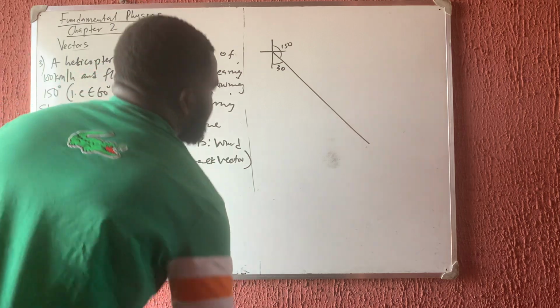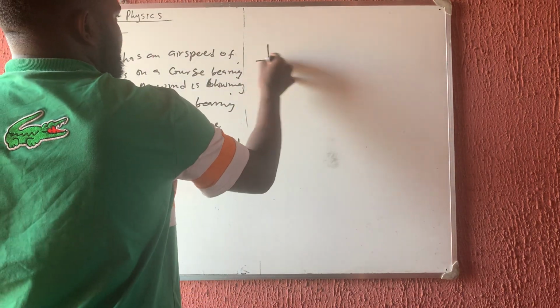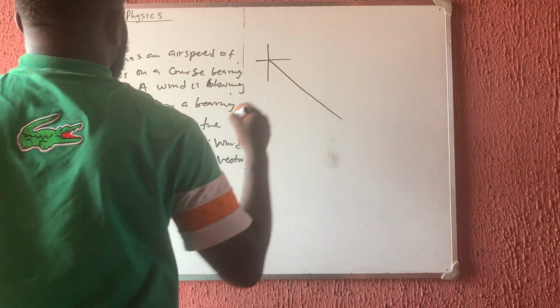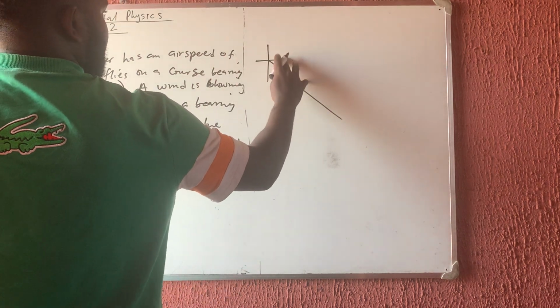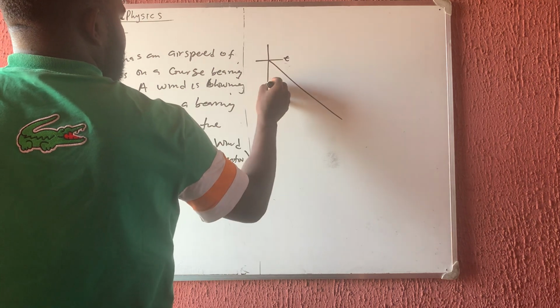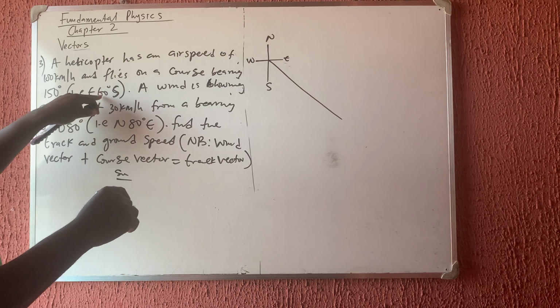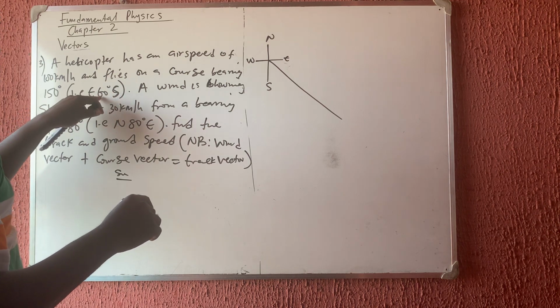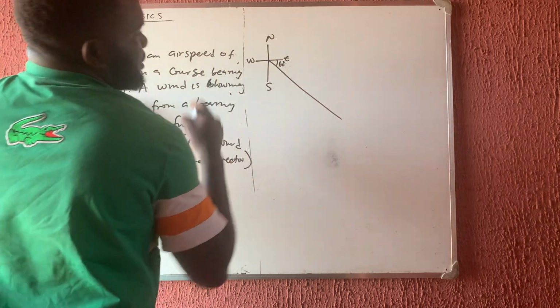If I don't want to use that 150, I can use the other one they told me. Here is my south, here is my east, my north, and my west. They say south, east 60 degrees south. So east 60 degrees then south.